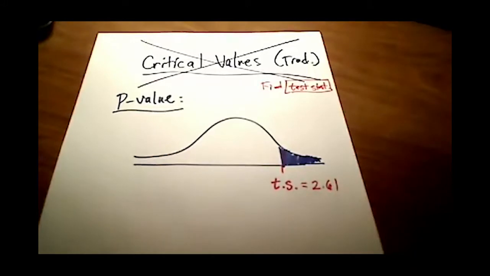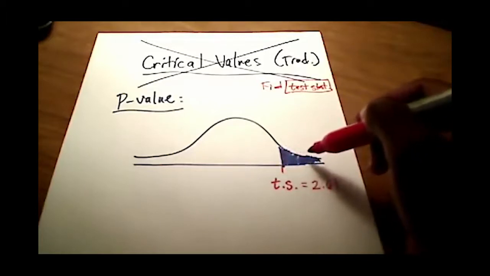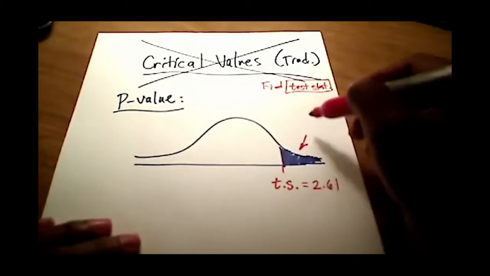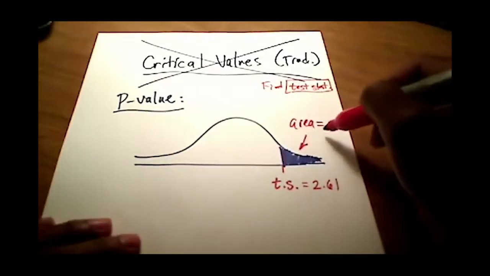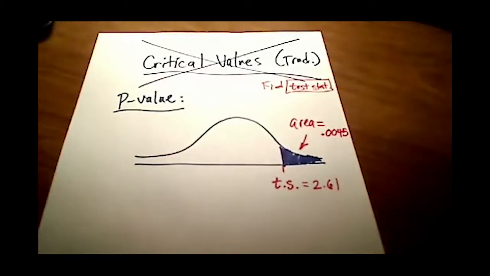Now, do you see that the area sitting over here to the far right of this is 0.0045? You can look that up on a table if you want to, or you can use Excel to figure that area out.